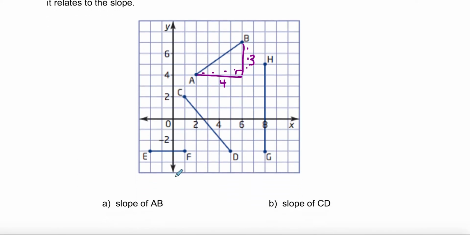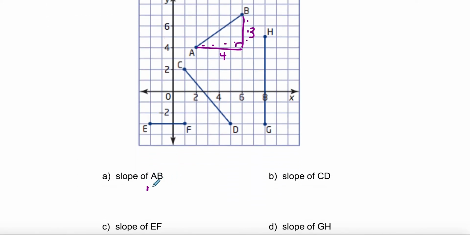So I'm going to say the slope of AB is rise, which is 3, and the run is 4. So I'm going to leave it like that, instead of writing that as 0.75, that's a great answer. The slope of AB is 3/4. The slope here, so we're still going on the same formula, that the slope is rise over run.